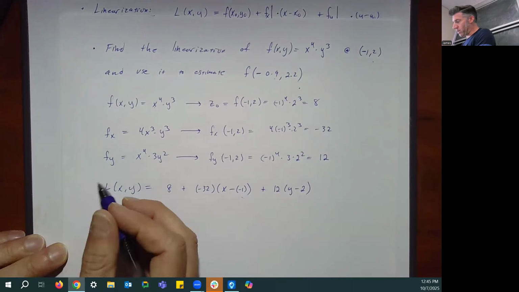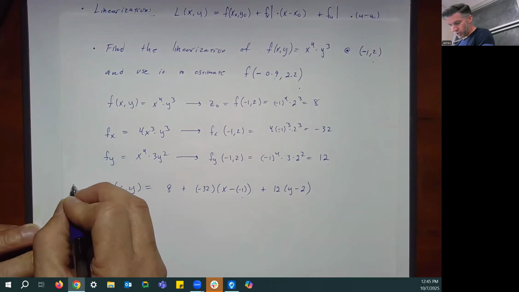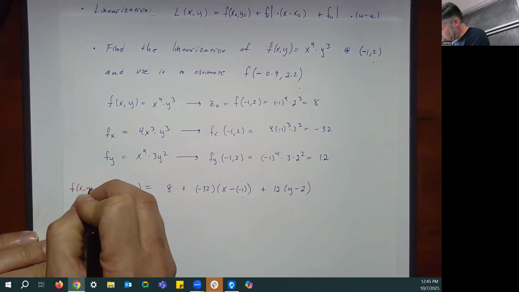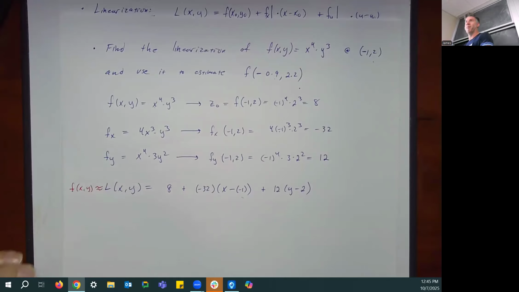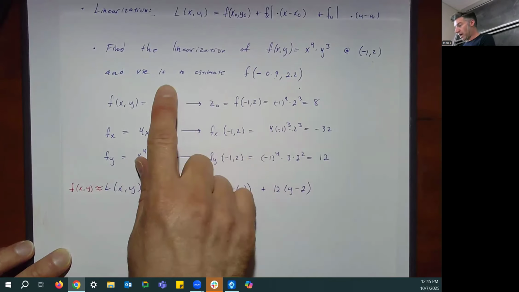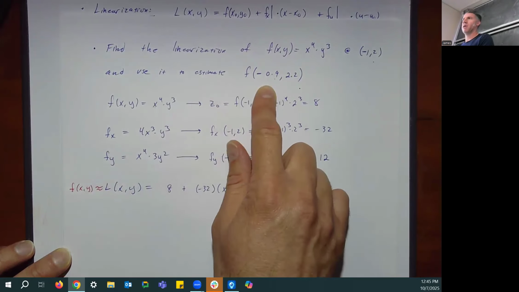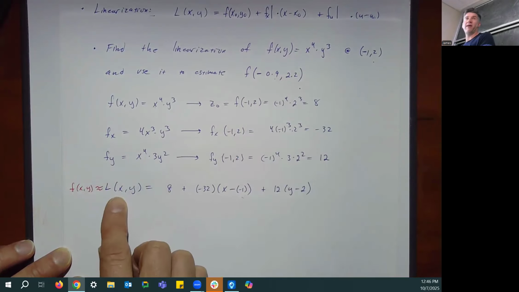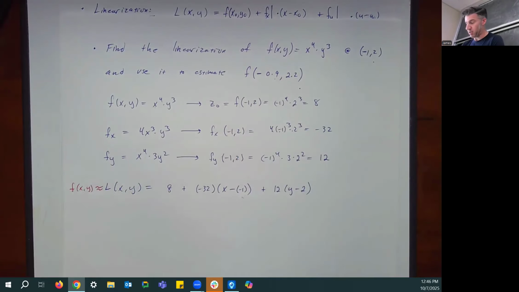And again, we're imagining that our function f of x y is being approximated by this linearization. Okay, so now to fully answer the question, we're going to estimate f of negative 0.9 comma 2.2 by just plugging those values into the linearization and seeing what we get.